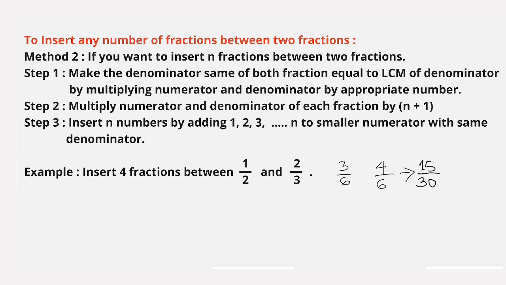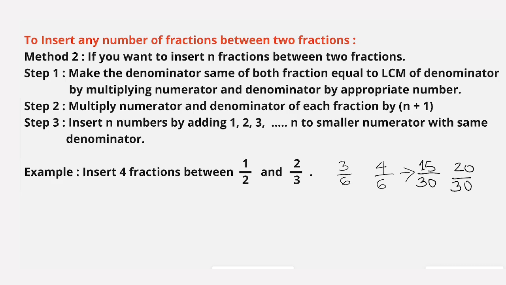So we multiply 5 to both numerator and denominator. 4 times 5 is 20 and denominator is 6 multiplied by 5 is 30. Now we have the numbers 15 upon 30 and 20 upon 30.